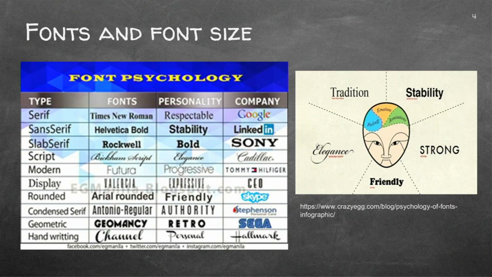So other methods that they use to manipulate the viewer, and that you should really become aware of, is how they use font types and font sizes to bring across a certain message or to emphasize a certain message.